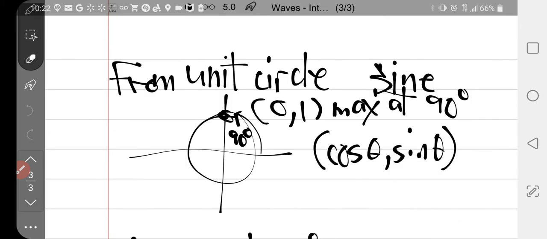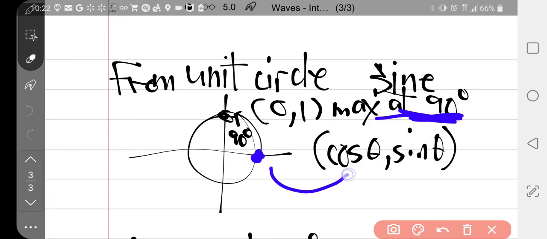Okay, let's go for the next part. For the total amplitude, we know from the unit circle that the maximum value of a trigonometric function, like a sine function, is at 90 degrees. If you remember the unit circle, 1 is the radius, and the quadrants correspond to your value of cosine or sine.